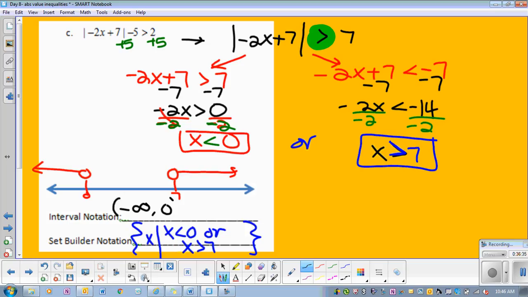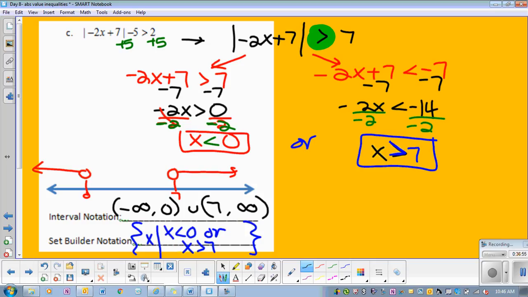With a little u, because it jumps over and it starts again at 7 to infinity. And Sabrina, what do these two get? Thank you. Great job, guys. Doing such a great job.